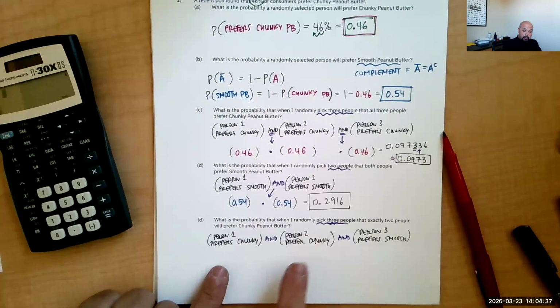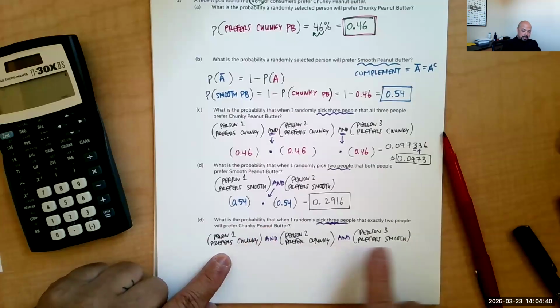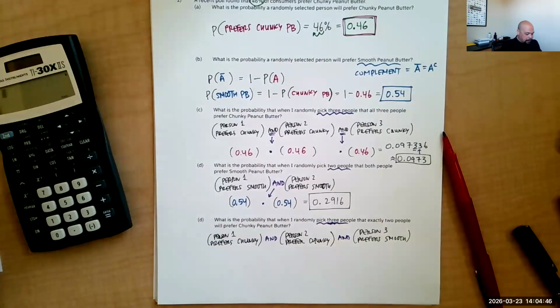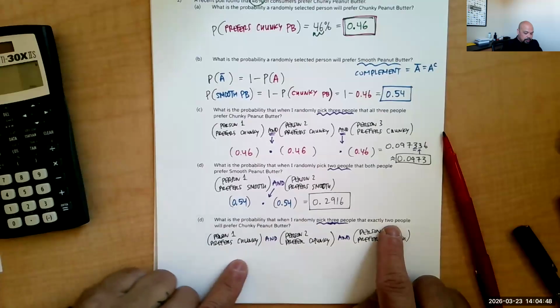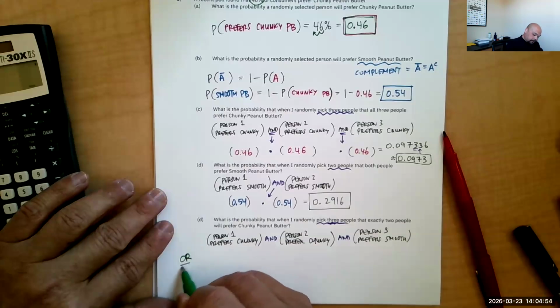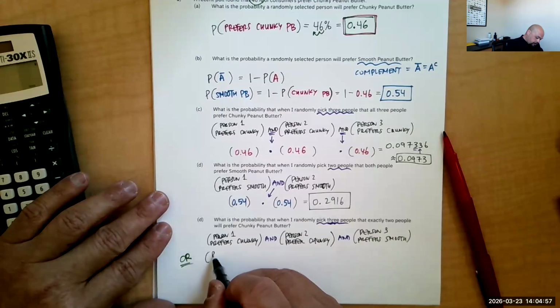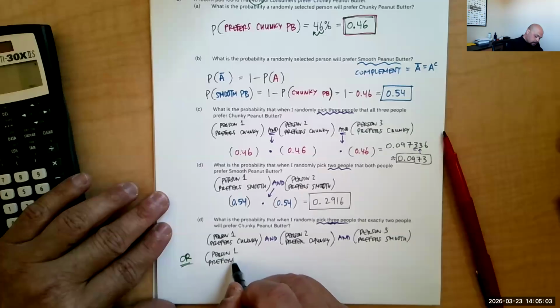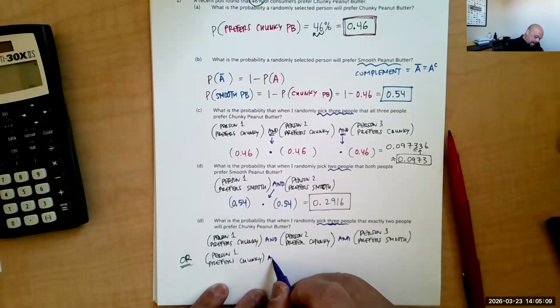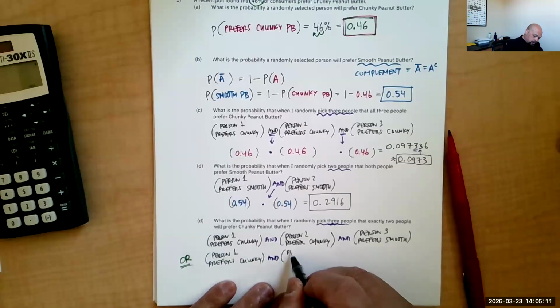Right? So there's 2 people that prefer chunky peanut butter, exactly 2 out of the 3. This last person likes smooth, right? But when we go to pick people, we didn't specify that those 2 had to be the first 2. It could have been that person 1 prefers chunky, and the second person, this middle person, person number 2, prefers the smooth.